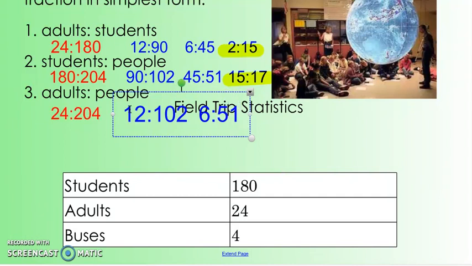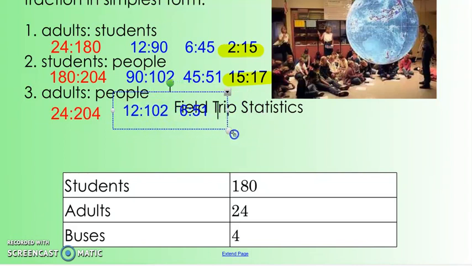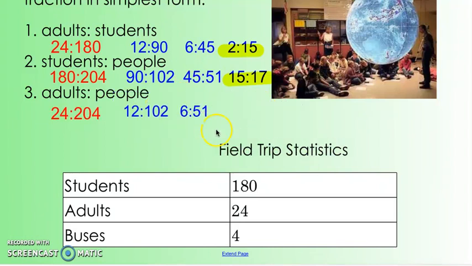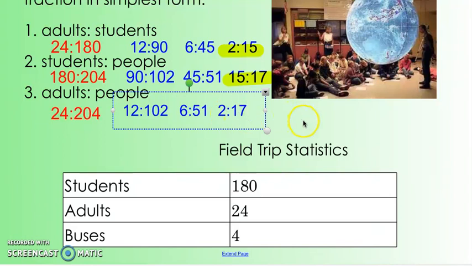I love it. So we get 6 and 51. For 6 and 51, 3 can go into both of those. And so let's divide both by 3. So we get 2 and 17.